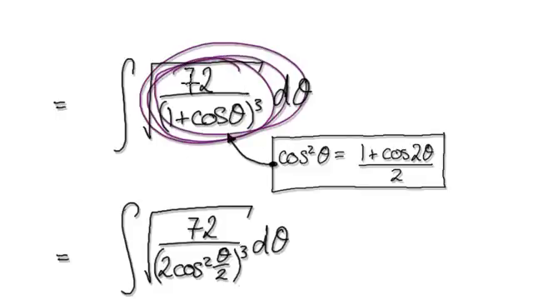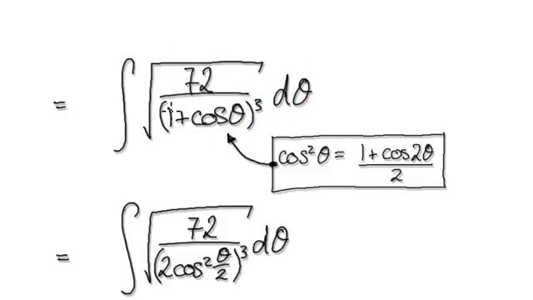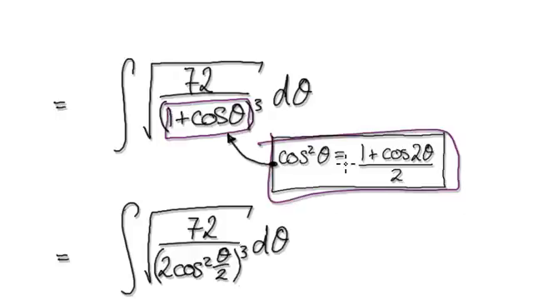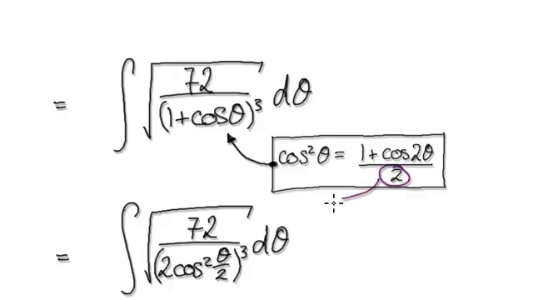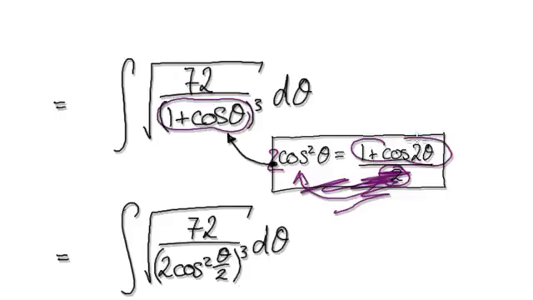We are trying to integrate this whole thing here. Looking at this, we can make use of this. We've seen this before. If you multiply both sides by 2, that will then give you this. And this is very similar to this. Something that you should bear in mind is that this angle here is twice the size of this angle here.